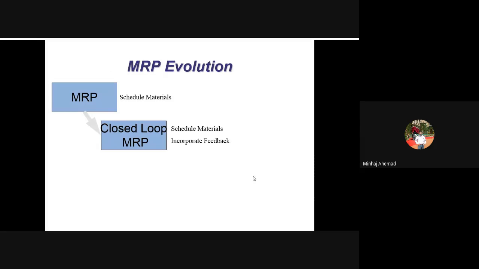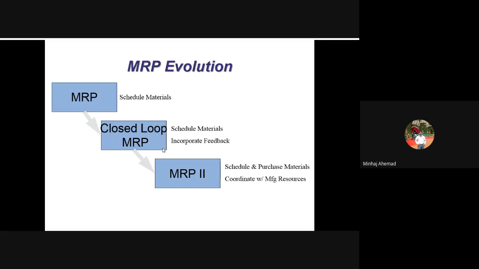So friends, this is again an important point, MRP evolution, how MRP evolves. It is based on closed loop MRP, then closed loop MRP, and then there comes MRP2.